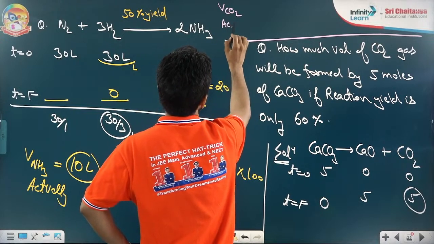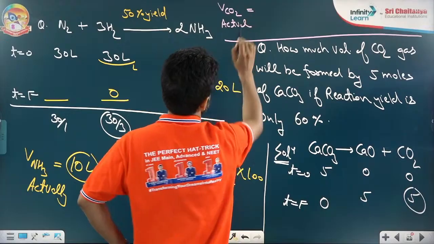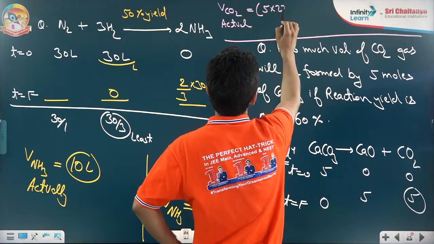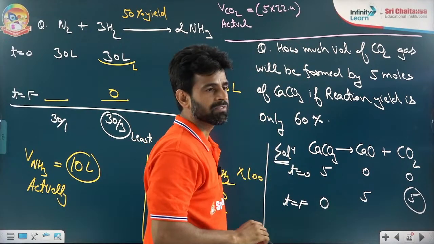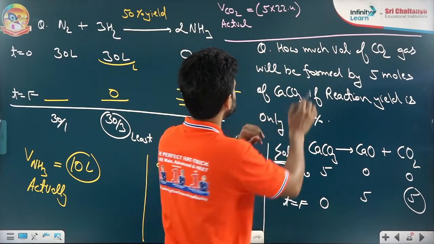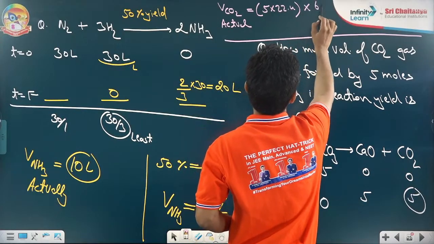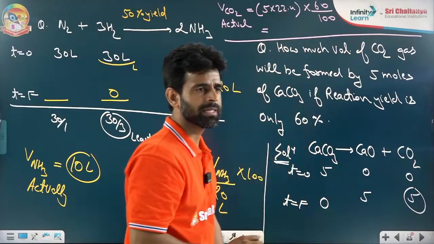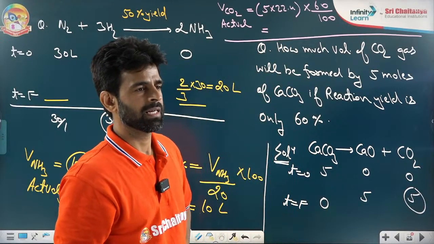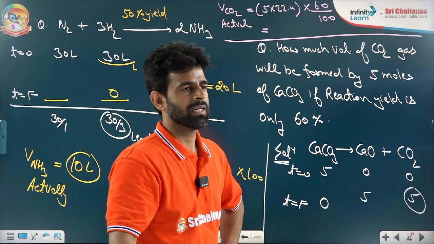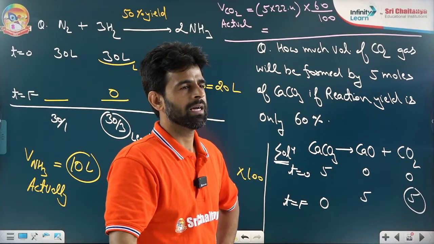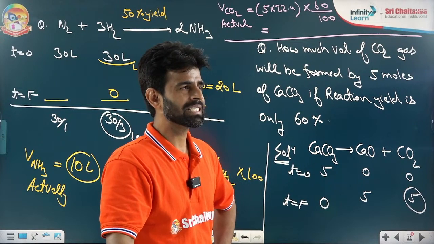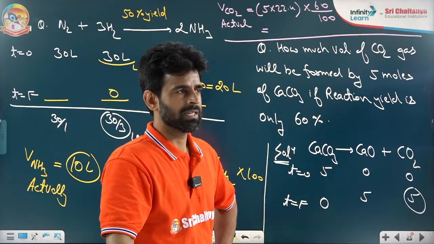Actual. We were expecting that we will get 5 into 22.4 liter, but we will receive only 60%. So 60 divided by 100. How much is coming? What is coming finally? 60% of expected.